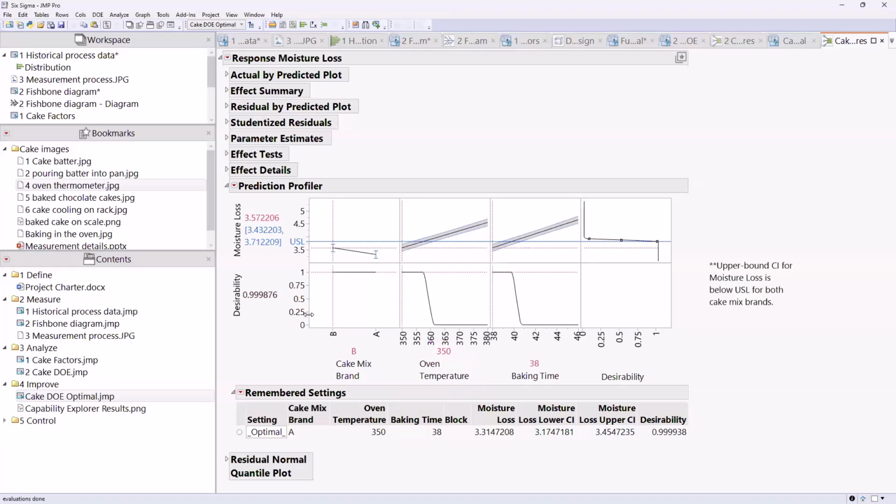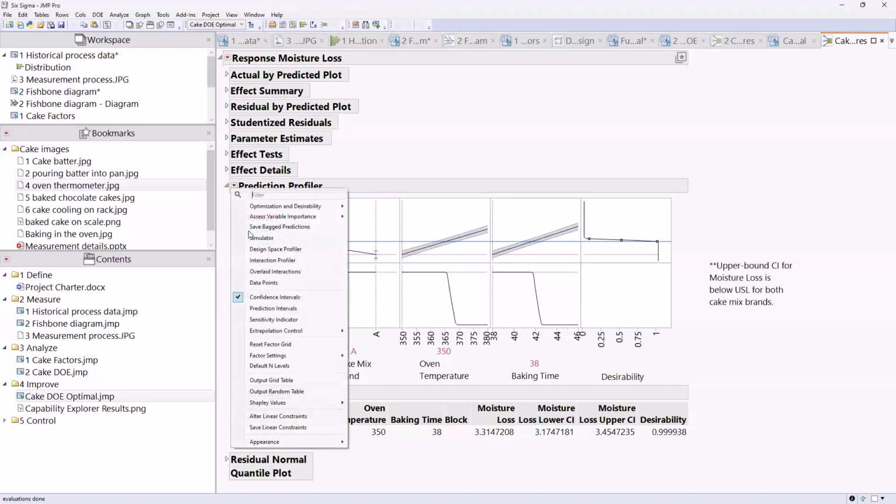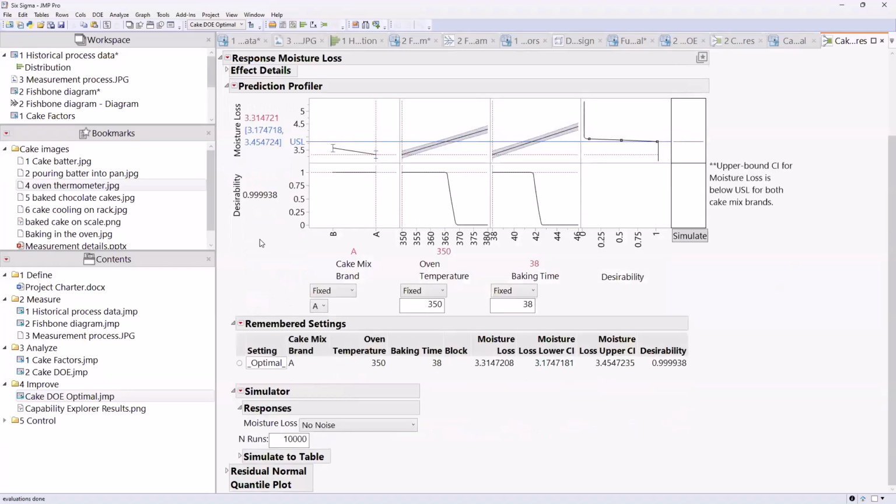And so to take these things into account, I'm going to use a Monte Carlo simulation, which is available from the Profiler red triangle by turning on the simulator. Now we can ask JMP to simulate for us what the moisture loss is going to be if I bake lots of cakes over time and take into account the variation in my inputs.